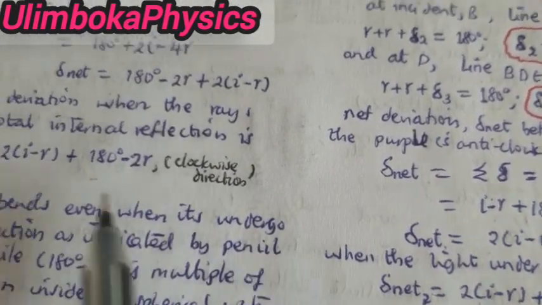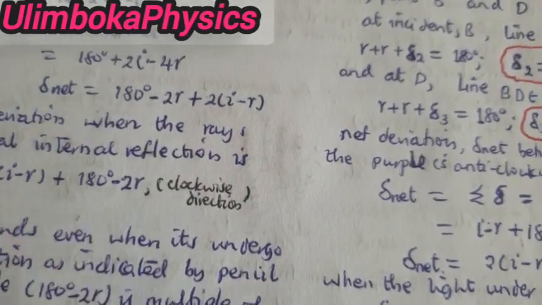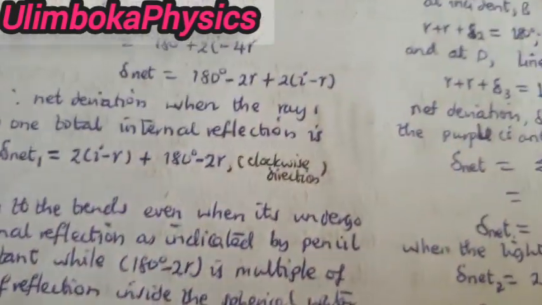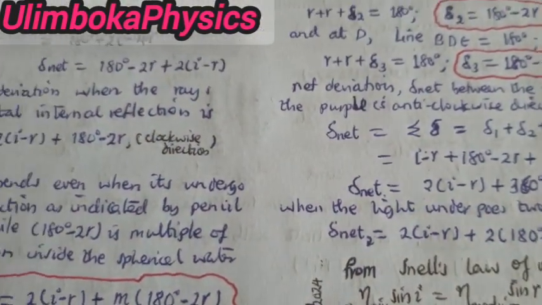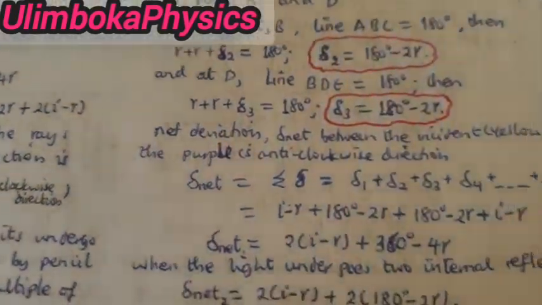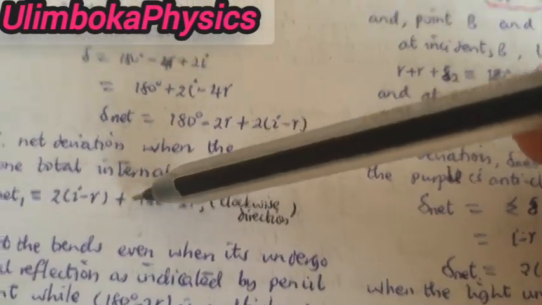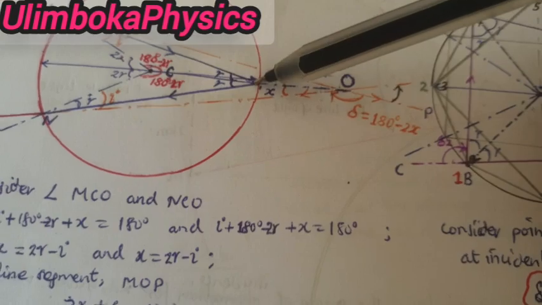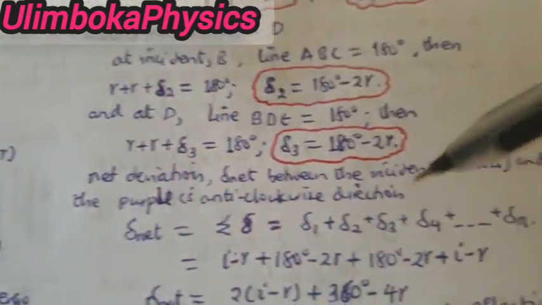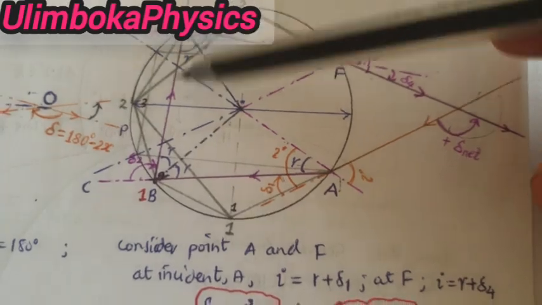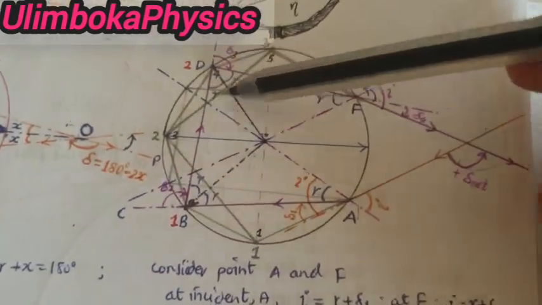This term is increasing as a whole number, beginning with 1 to the nth term of total internal reflections, because for the primary rainbow, the total internal reflection is 1, and for the secondary it is twice, and it also undergoes total internal reflection twice, and for the tertiary it is the same.